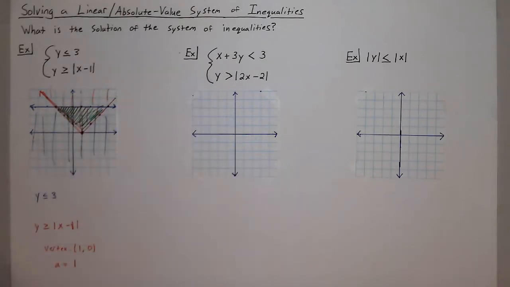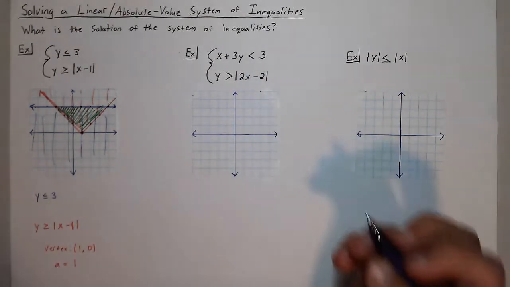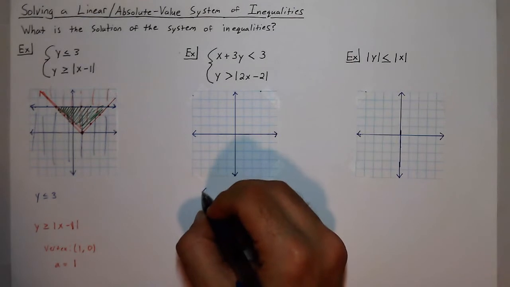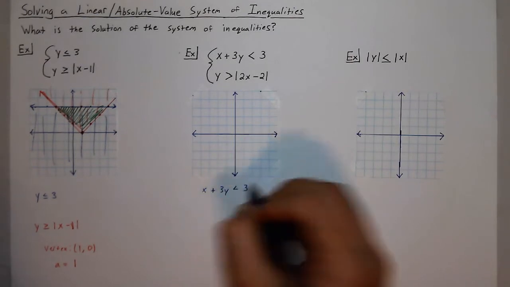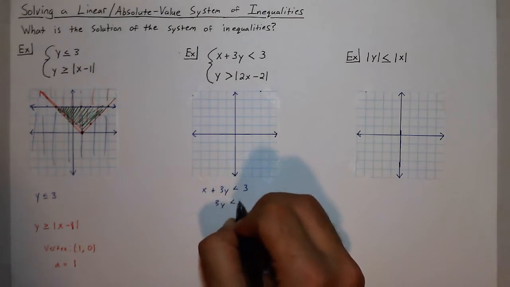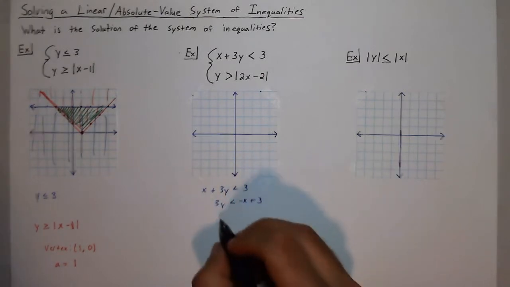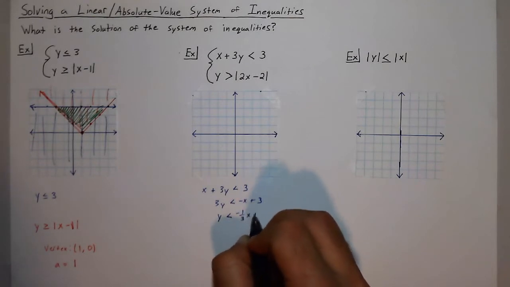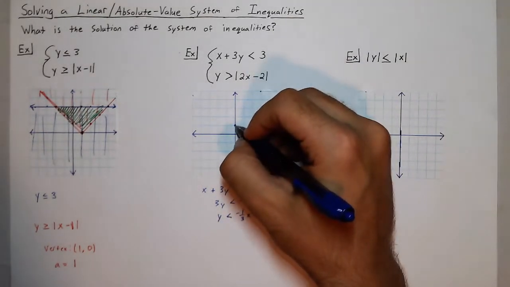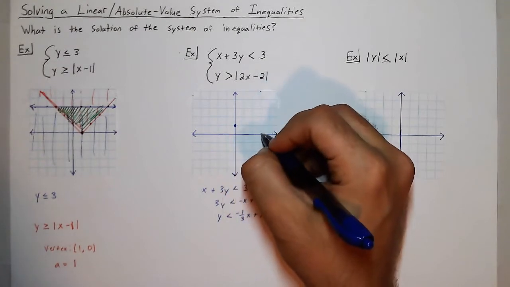Now for the next example, we have x plus 3y is less than 3. So solving that, putting it into slope-intercept form, I'll get 3y is less than negative x plus 3. I'll divide by 3 and get y is less than negative 1/3 x plus 1. So y-intercept of 1, and then down 1 over 3 to find my slope.